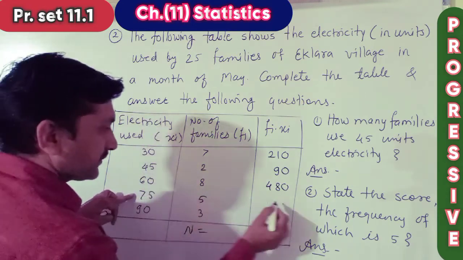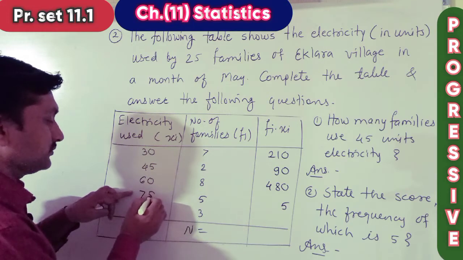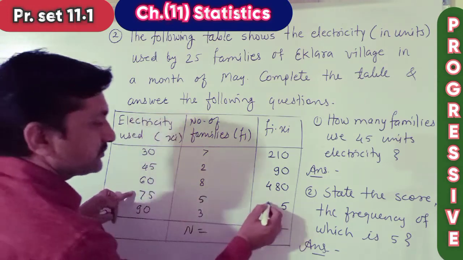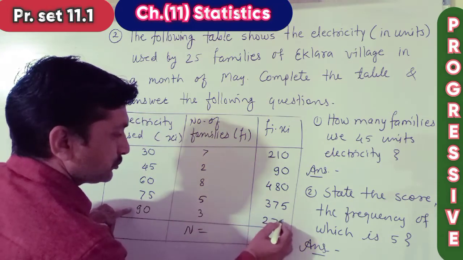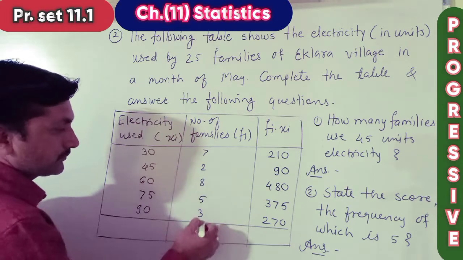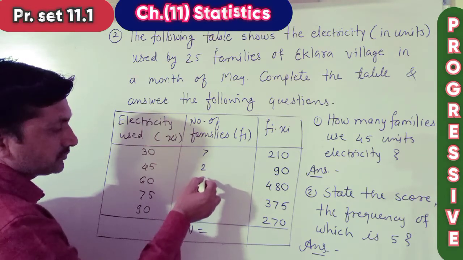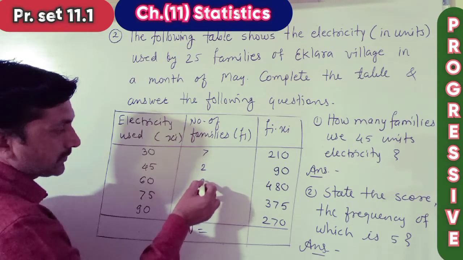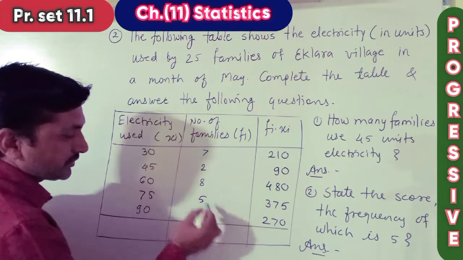5 5s are 25, 2 carried over. 7 5s are 35, 37. 9 3s are 27, 270. Here is the addition of n. Now addition is 7 plus 2 is 9, 9 plus 8 is 17, 17, 20, 25.